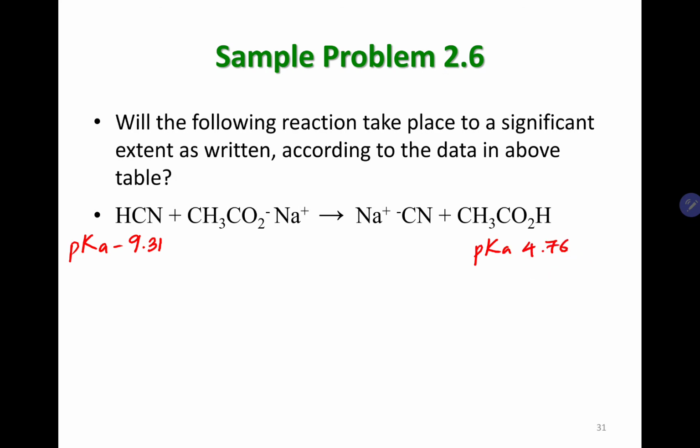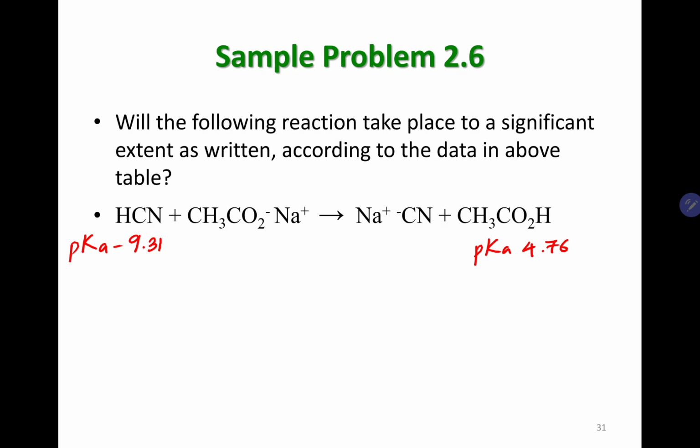Using these pKa values, predict whether the following reaction will take place to a significant extent. You might want to pause the video and see if you could do this one.